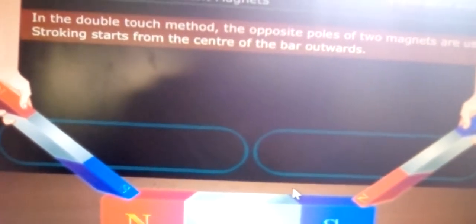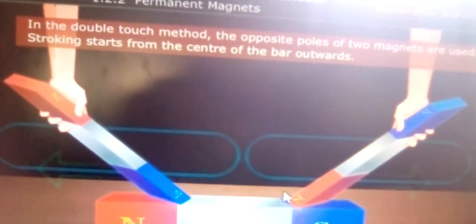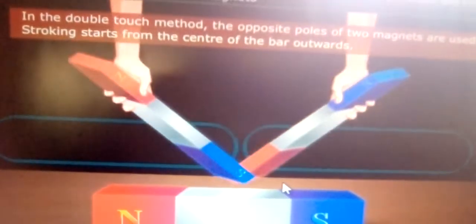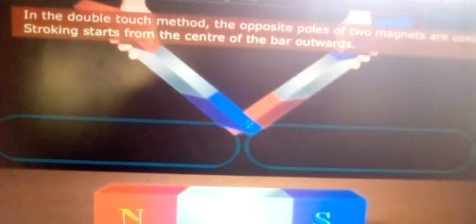If I use the south or north for both, what happens? I'll get what we call consequent poles. What are consequent poles? Here you see that two magnets are used to stroke your iron bar, but I'm using similar polarities in the middle. So what is formed at the ends should be of opposite polarity.